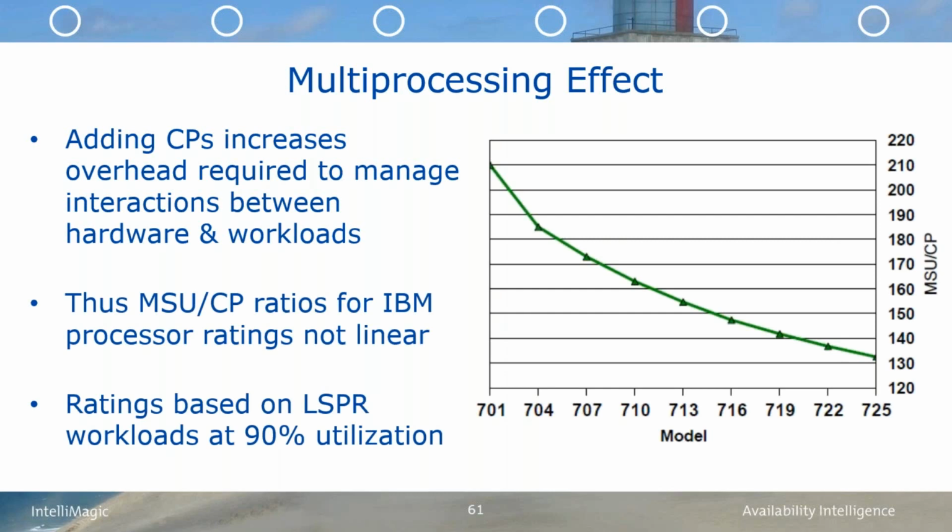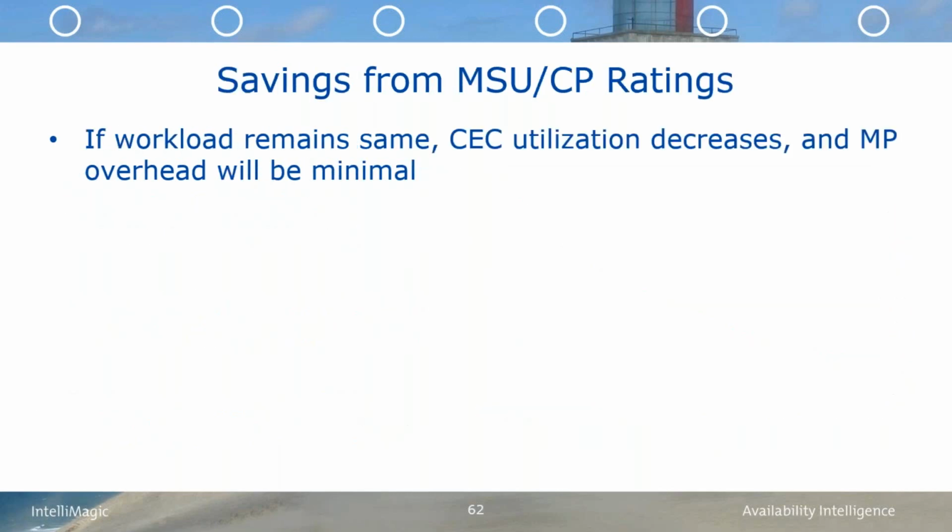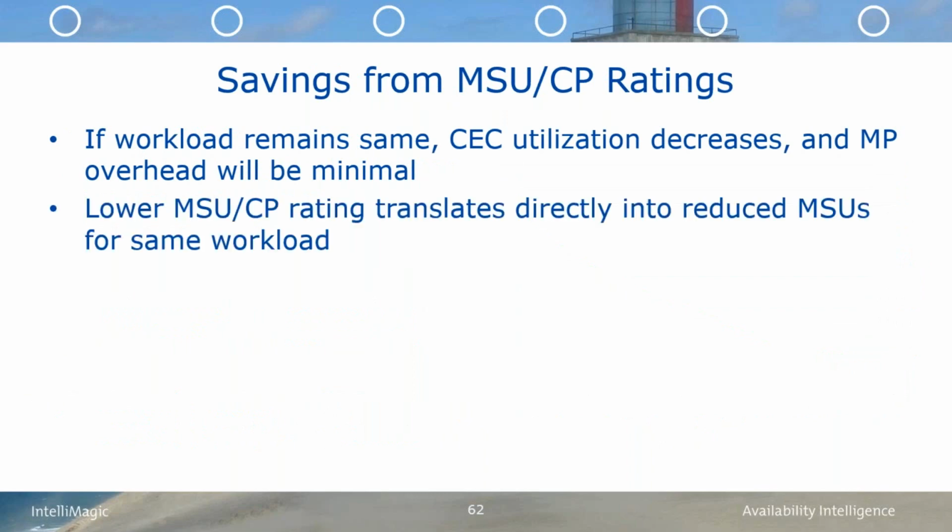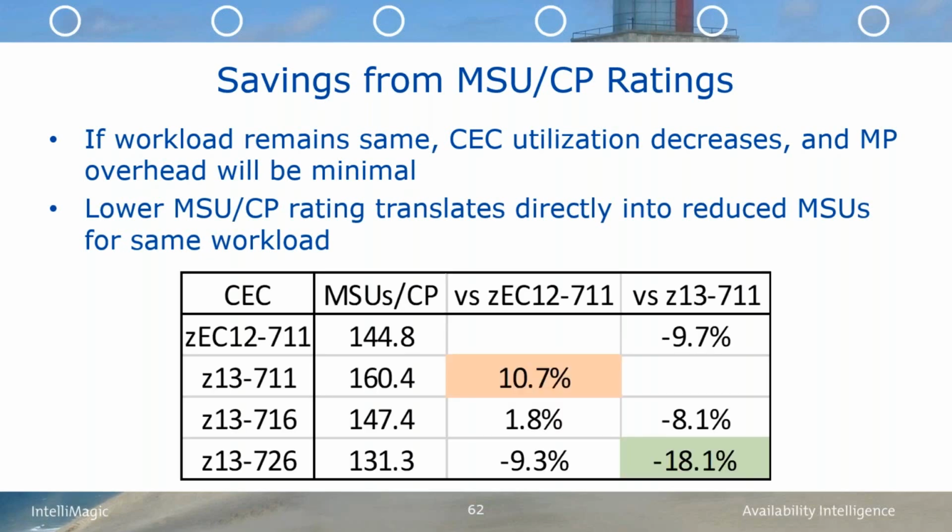So to account for this MP effect when running at high utilizations, the MSU per CP ratios in IBM's processor ratings are not linear but decrease significantly as more CPs are added. But if a site's workload remains the same when CPs are added, overall processor utilization will decrease and additional overhead from the MP effect may be negligible. So in that case, a lower MSU per CP rating translates directly into lower MSU consumption for the same workload.